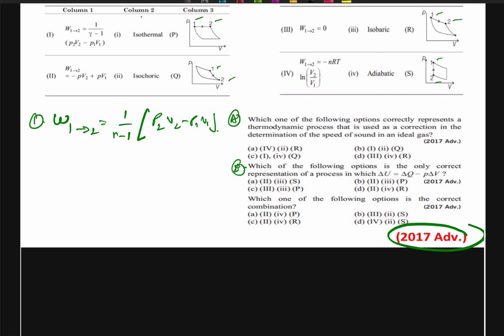Known graph is that for this P we know that our pressure is constant, and for this S we know it is basically our volume is constant. Okay. So for this we are very much clear.